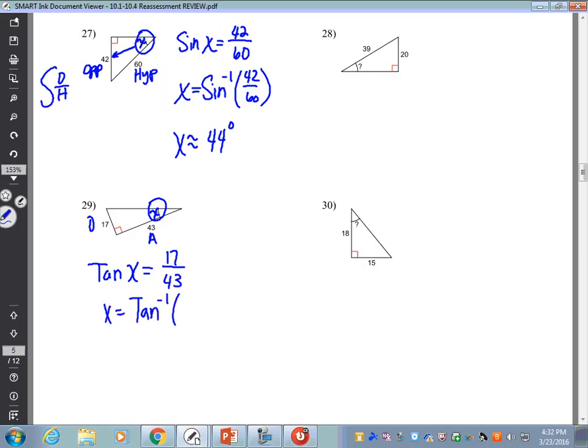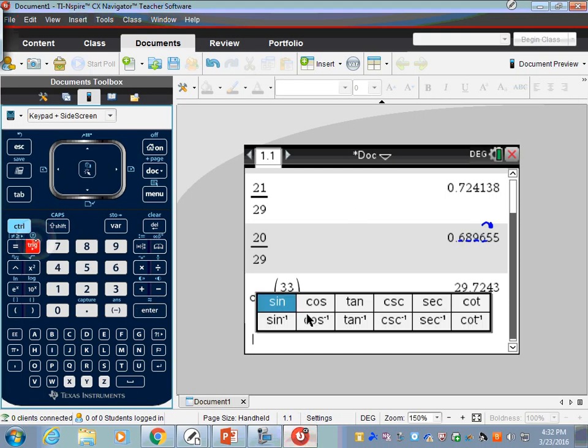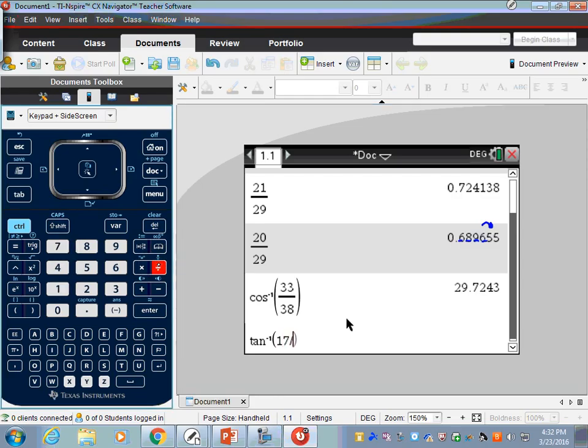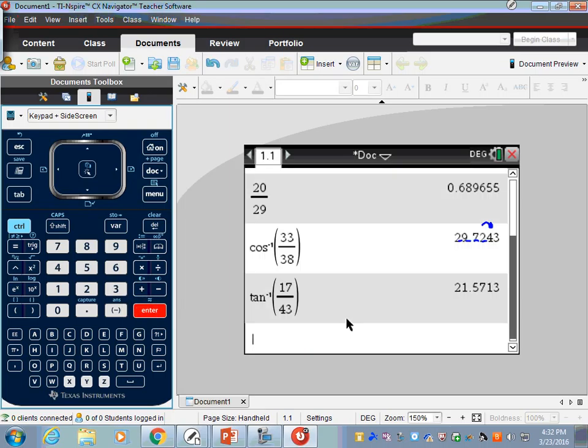We've got to do the inverse to find the angle. 17 over 43, and we're going to plug that into the calculator. Just to recap, trig, tan -1, 17 divided by 43, and enter, round to the nearest whole number, and we got 22 degrees.